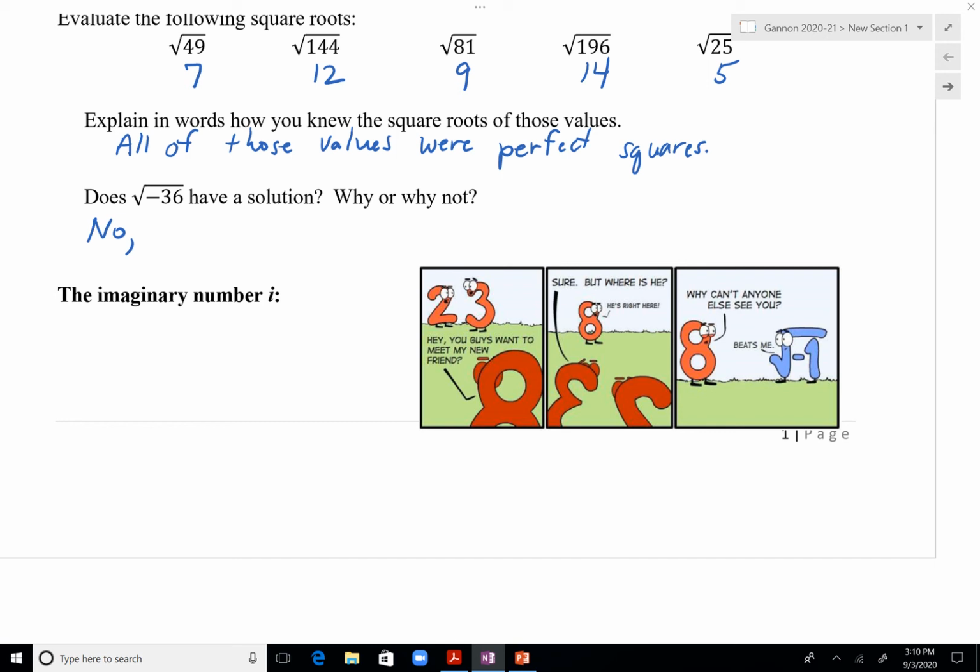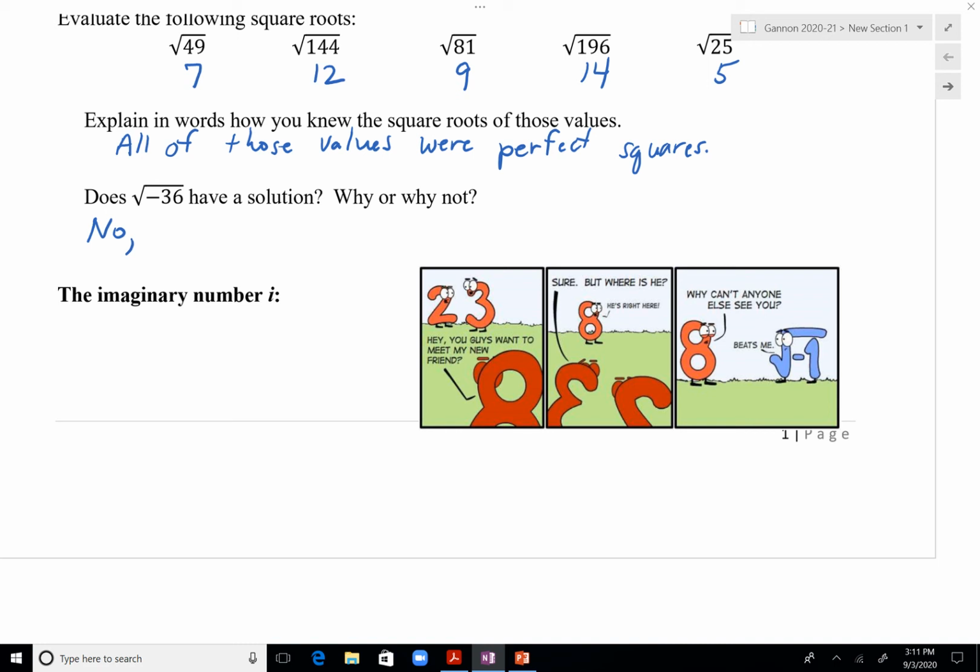If we multiply 6 times 6, we get positive 36. If we did negative 6 times negative 6, we also get positive 36. There is no way to multiply two real numbers together, the same number, and get a negative value. So that's why there would not be a solution.